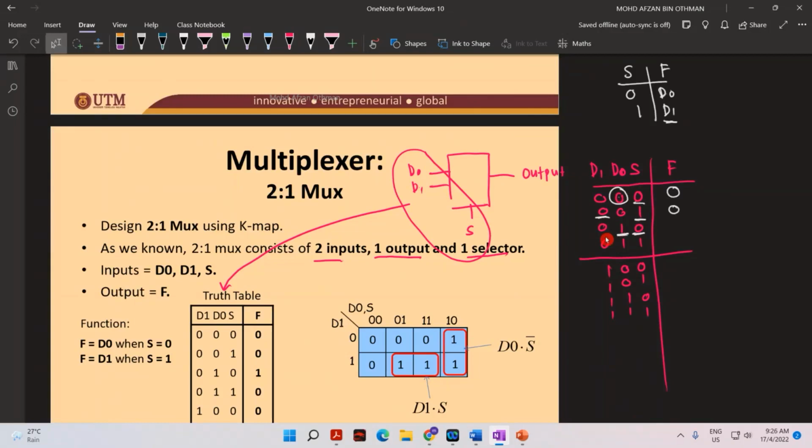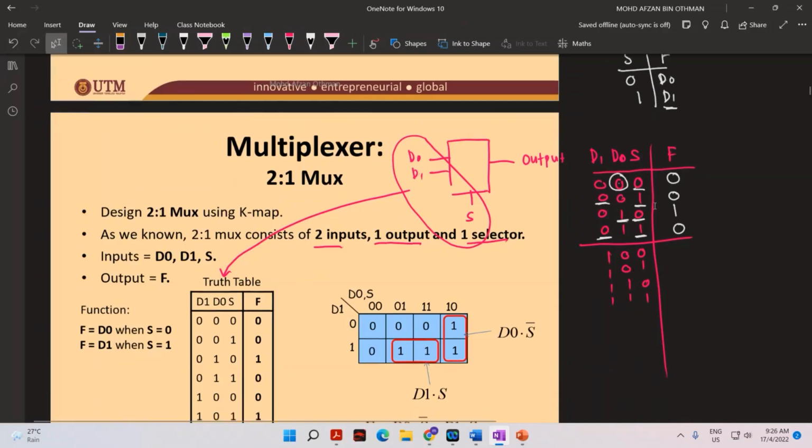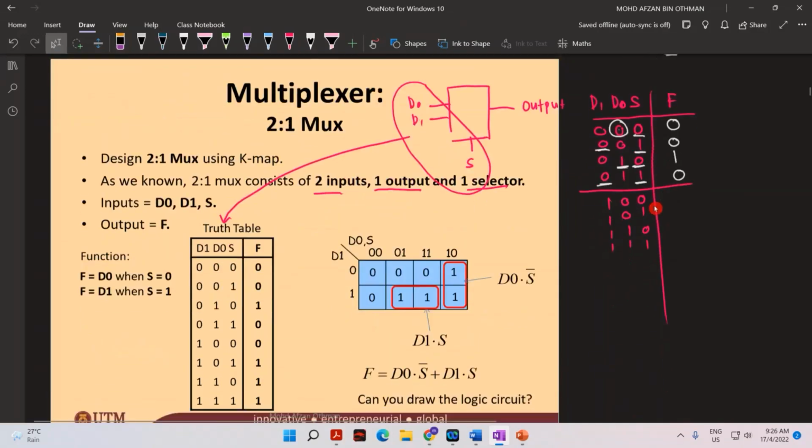So, they are coming from D0, 1, and this 1. So, the output is coming from D1. So, that's why we get 0, 0, 1, 0. Okay, next. S 0, the output is coming from D0, which is 0. S1, output coming from D1, which is 1.